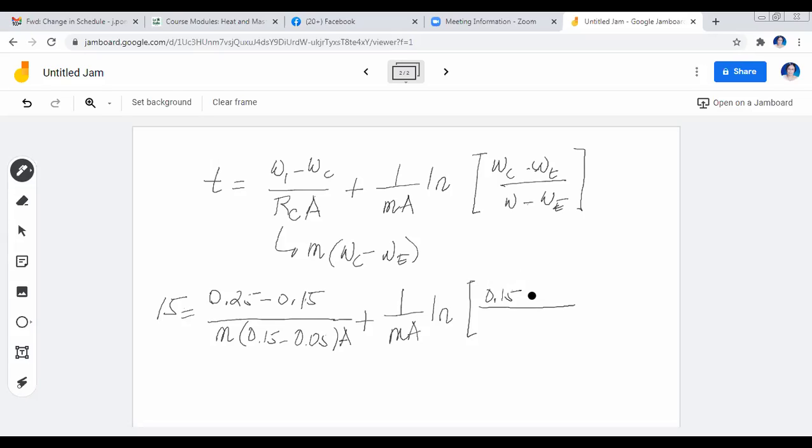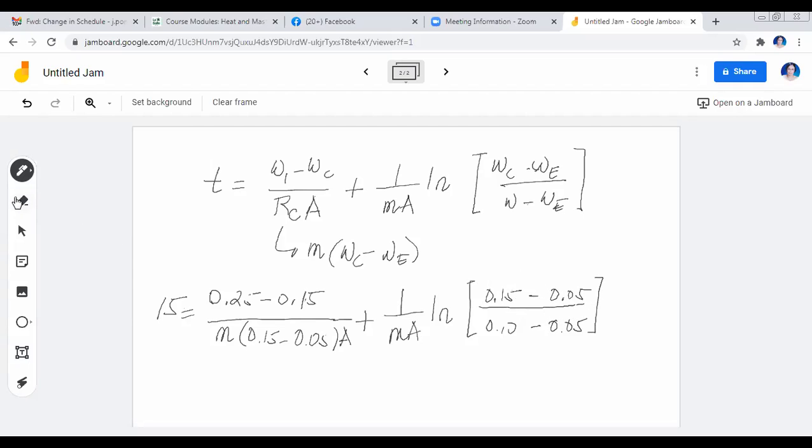Then you have the equilibrium moisture content of 0.05. This is E, class, E. And you have here the final moisture content, which is 10, and the equilibrium moisture content, which is 0.05.